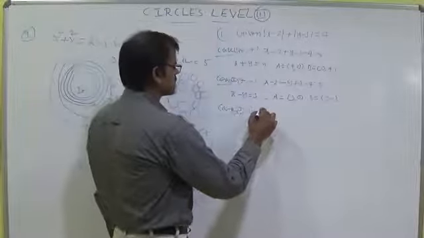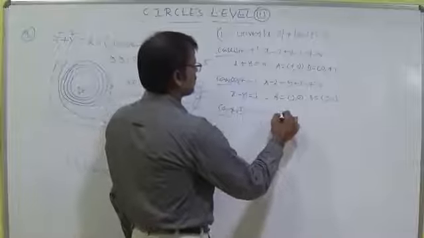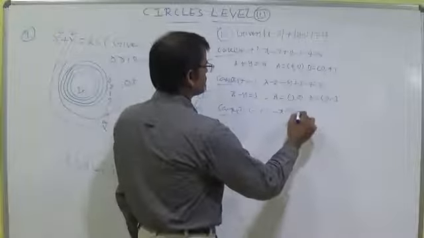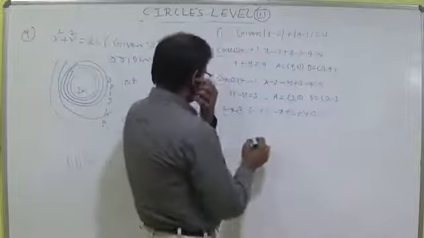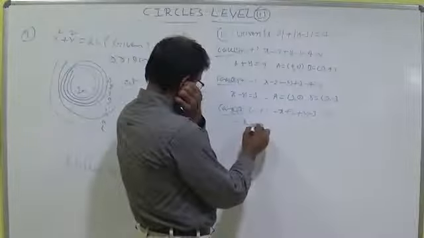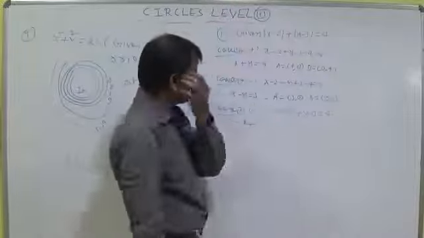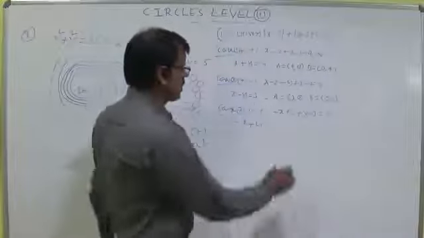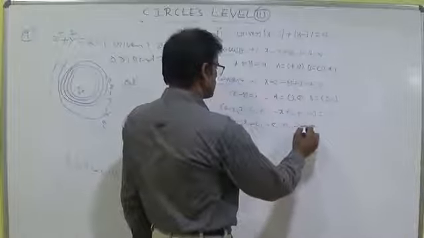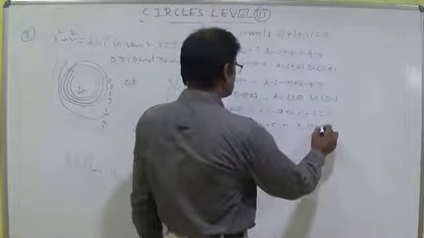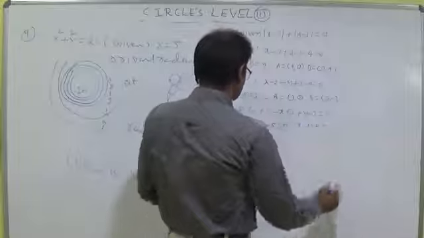Minus, plus. So we can write here minus (x minus 2) plus (y minus 3) is equal to 4. Minus x plus y, 2 minus 3 is minus 1, and minus 5 you write, minus 5 equal to 0. So x minus y plus 5 equal to 0.